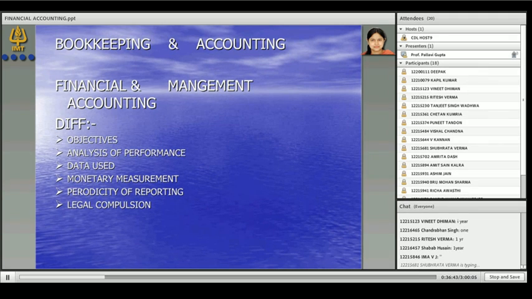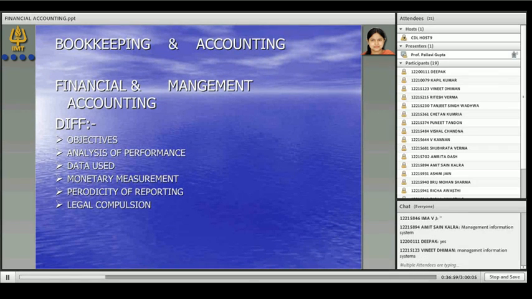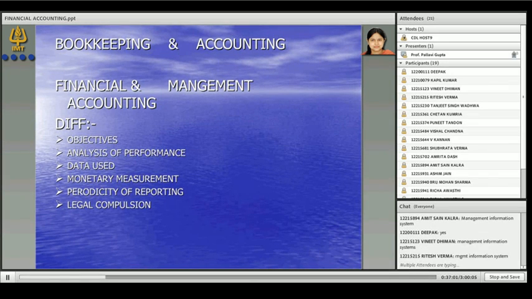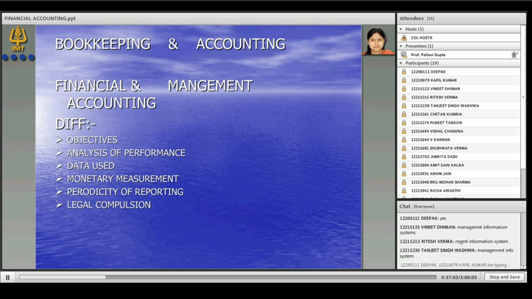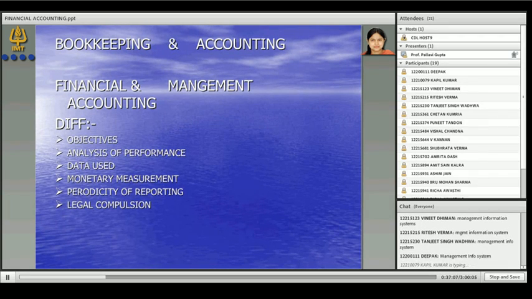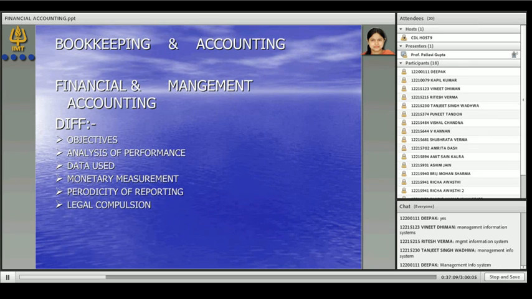You must all be aware of the term MIS. What is MIS? MIS, management information system, is a part of management accounting. The monthly reports generated through the MIS are part of management accounting.